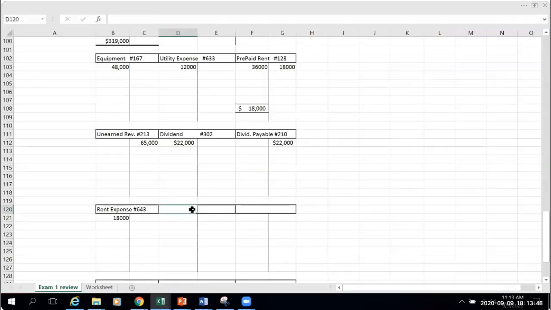So let's go. So this is my depreciation expense dash equipment with an account number. I believe it's 168.